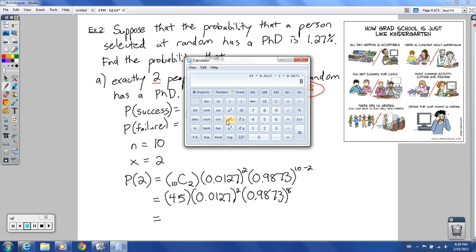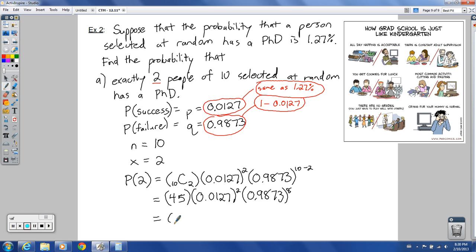I'll do this all at once, and I should get this number right here. I'm going to write down quite a few decimal places: 0.006552591.